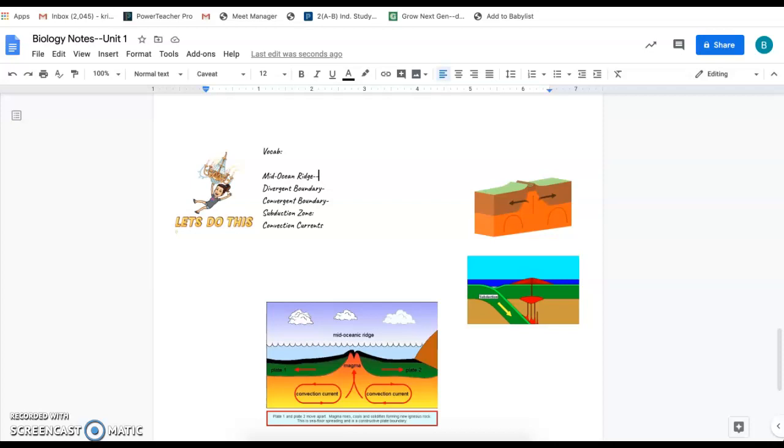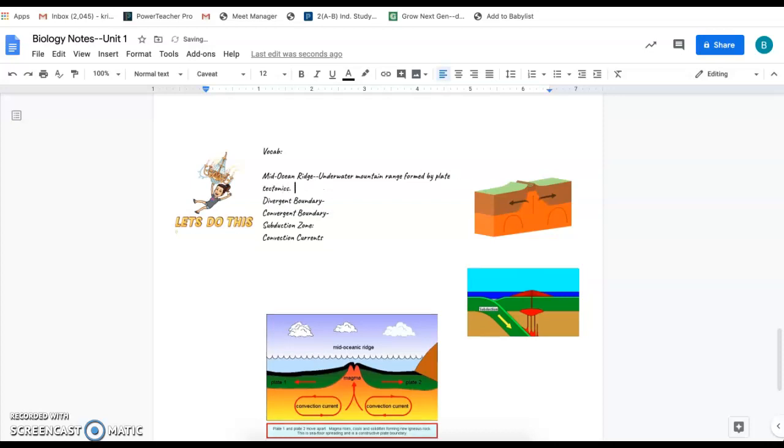Okay, I'll type it out, read it to you, and we'll talk about it for a second, and then we'll move on. So mid-ocean ridge is an underwater mountain chain or range formed by plate tectonics.